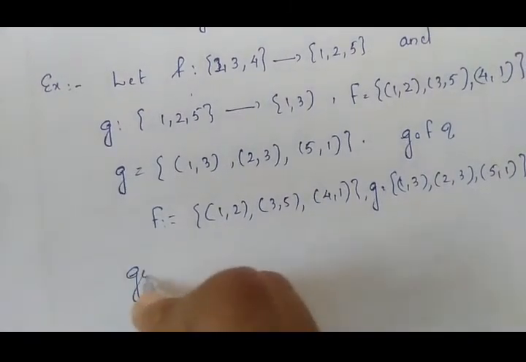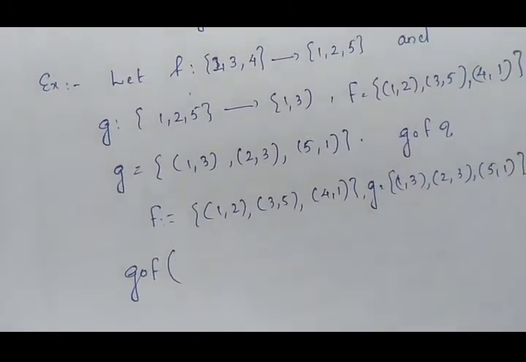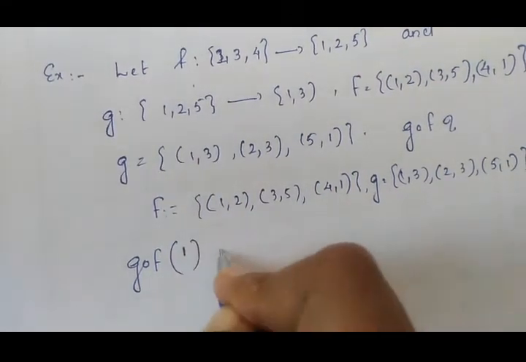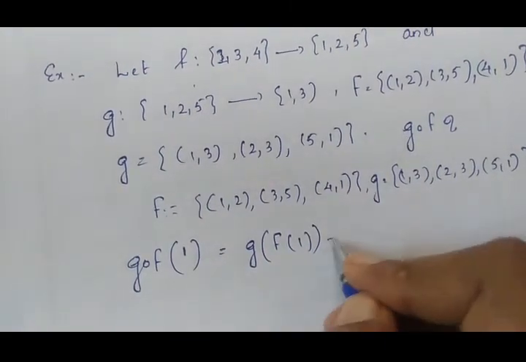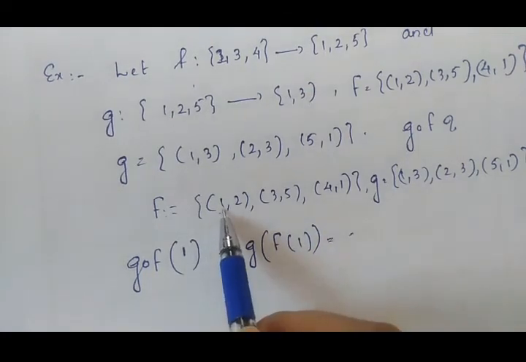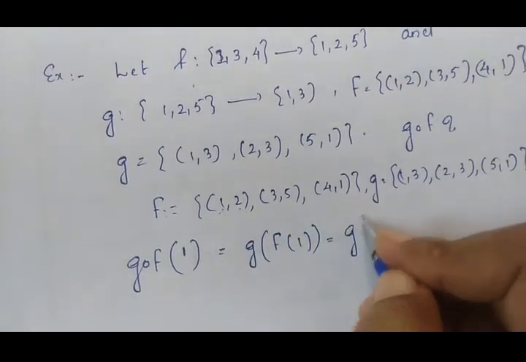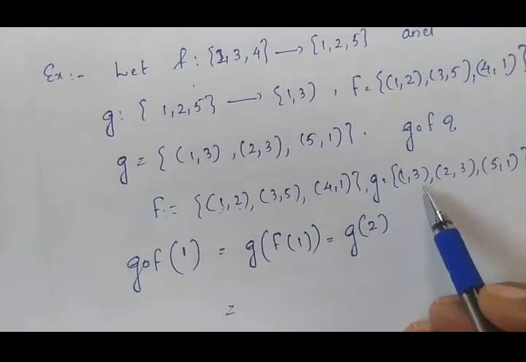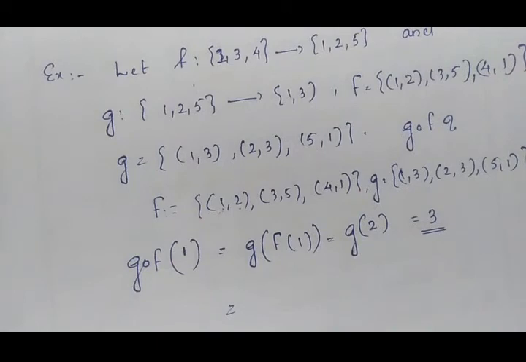Then (g∘f)(1) is equal to g(f(1)). In function f, 1's image is 2, so f(1) is equal to 2, and g(2). In function g, the image of 2 is 3.